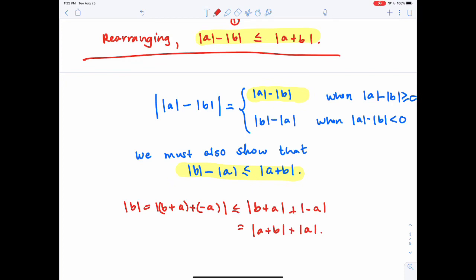So since both orders of subtraction lead to the inequality being true, we're allowed to put the absolute values back on.